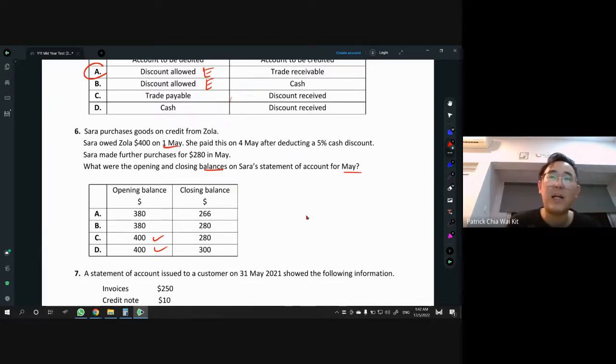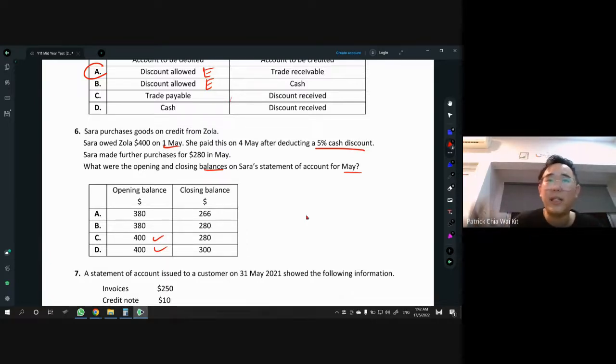Definitely she doesn't pay 400, but because she gets the 5% cash discount, technically she settled everything, right? She paid off the whole 400. Okay, so she paid 95% and the 5% is discount she got. All right, so the 400 is done. Okay, no more already. And Sarah made further purchases 280 in May, but they didn't say whether it got paid or not.